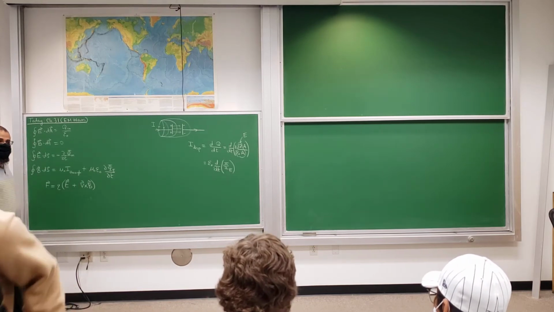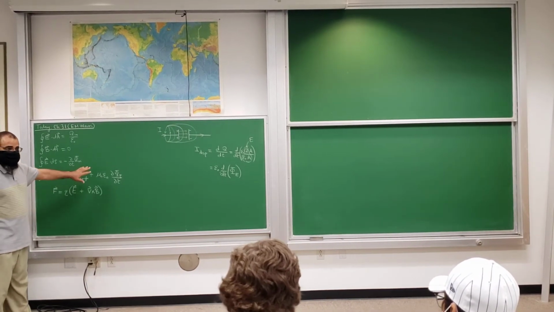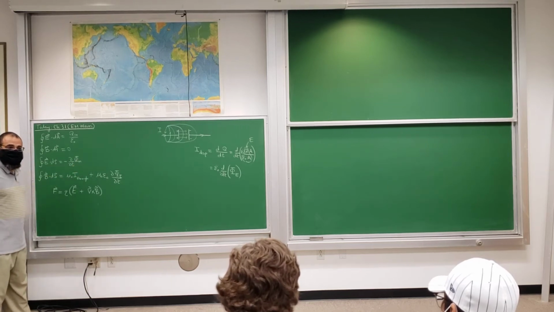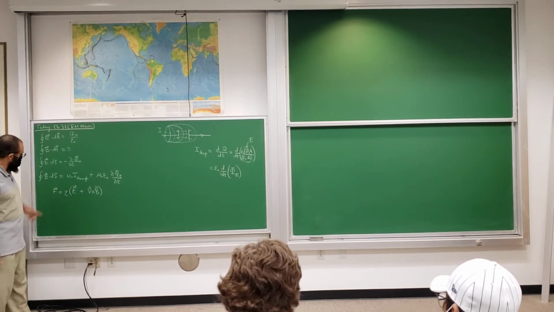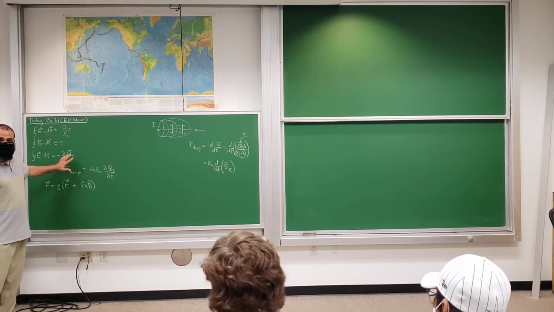Now, of course, it has to be verified experimentally and so on, right? This is the theoretical way, and of course, it has been verified. This is from the 1800s, so that's the fix. So now these four constitute Maxwell's equations.